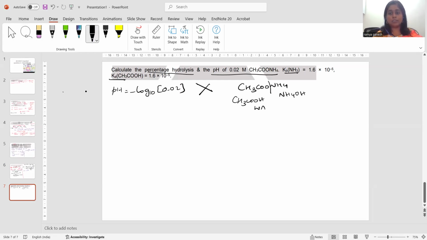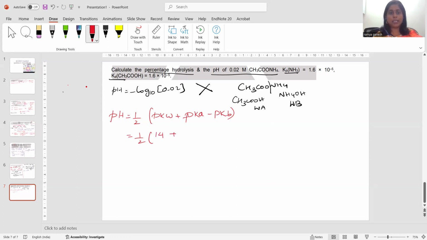So this is a weak acid and this is a weak base. This salt is made from a weak acid and a weak base, so we need to go with the formula. pH is equal to half of pKw plus pKa minus pKb. Kw is 10 power minus 14, so pKw will be 14.